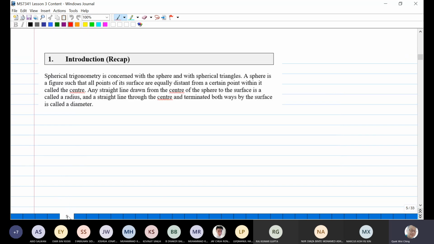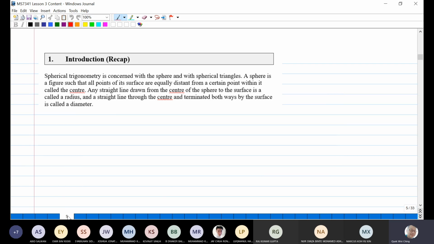So, introduction. This is something I'm not sure is required. Spherical trigonometry is concerned with the sphere and the spherical triangle. A sphere is a figure such that all points on the surface are equidistant from a certain point called the center.